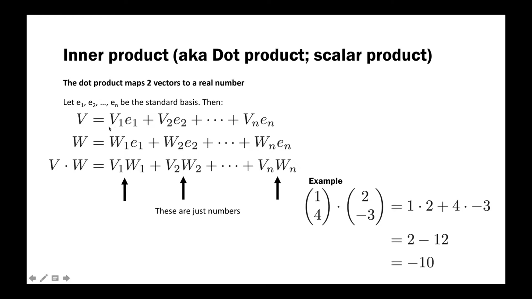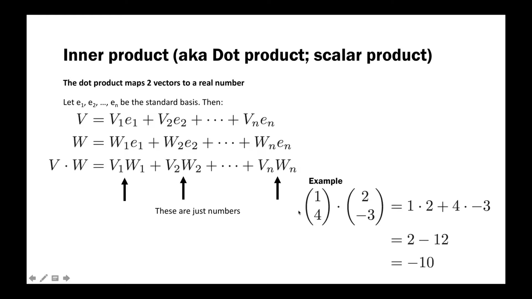So I take the first component of v times the first component of w, so I get v1 times w1, and I add to it v2 times w2, plus all the way up to vn times wn. Since these components are just numbers, all I have here is a sum of real numbers, so I get a real number output.